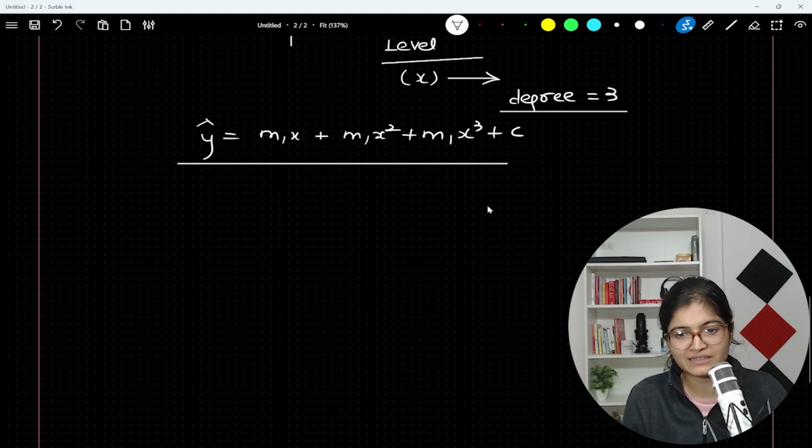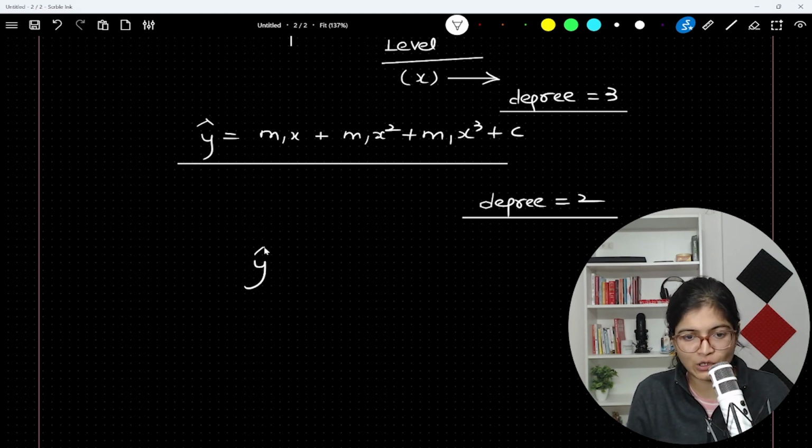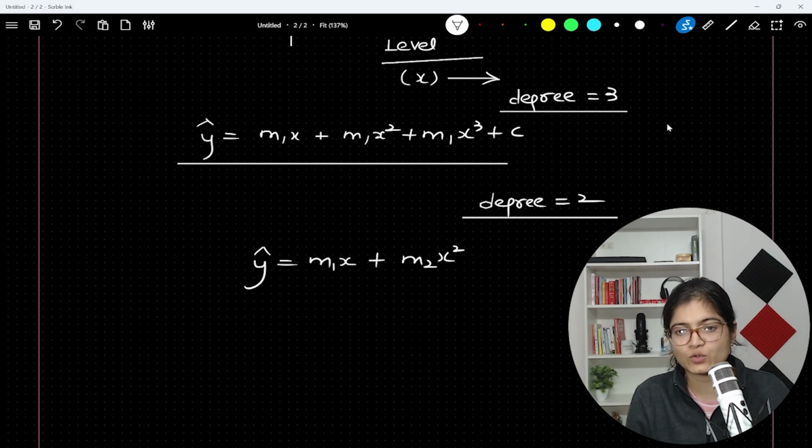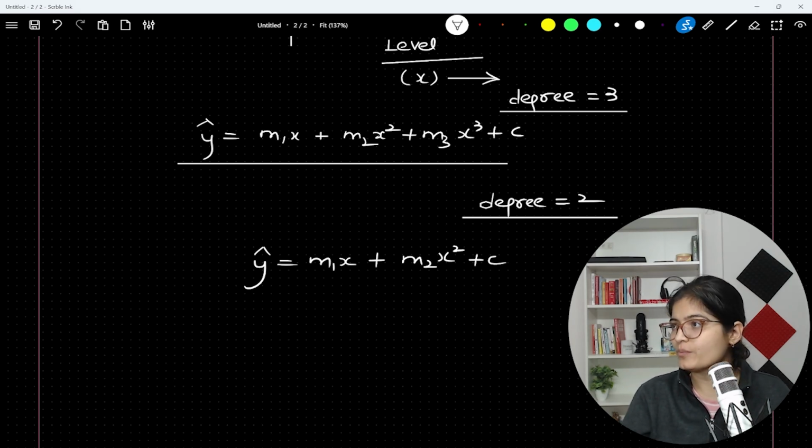For example, if the degree is equal to 2, meaning maximum degree is 2, then your equation will look like m1 x plus m2 x square. This is not m1, it will be m2, m3 and so on. Here we have an equation with a maximum degree of 2, right?